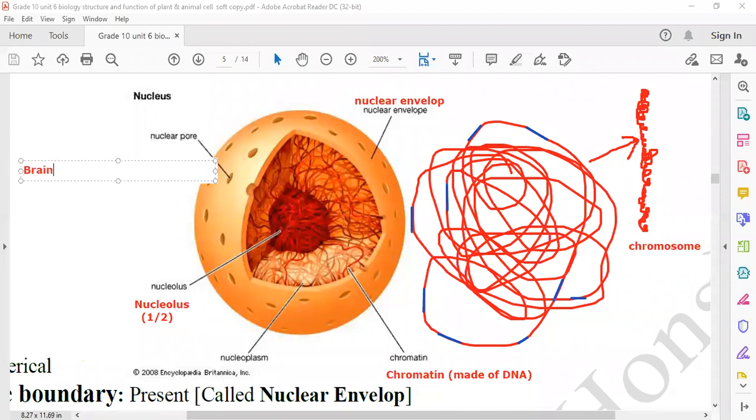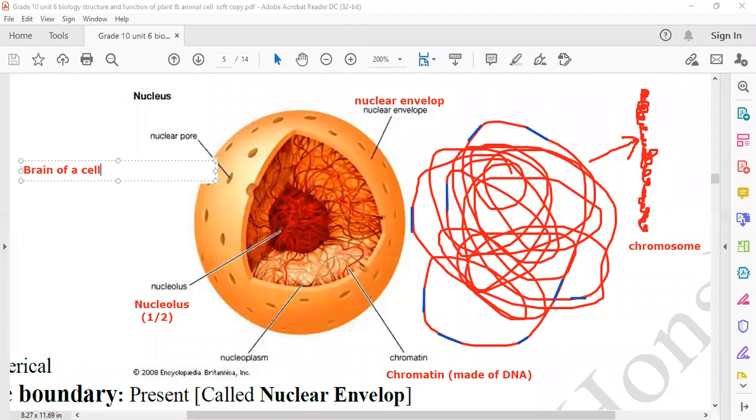Okay, you know that one? The brain is the portion that controls all the parts of our body. That's why in medicine, if the brain dies, he is taken as a dead person. His heart can function, his kidney can function, his lungs can function, any other organ can function.